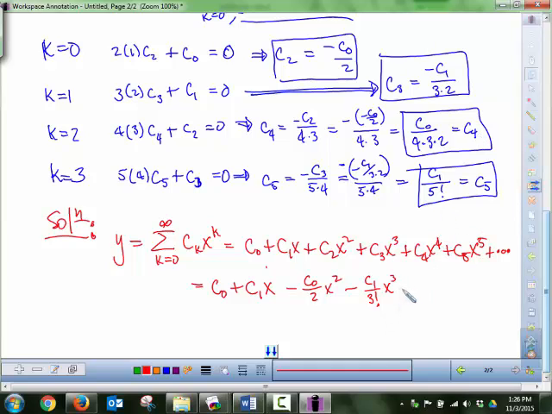C sub 4 is equal to c sub 0 divided by 4 factorial, x to the fourth. And c sub 5 is c sub 1 divided by 5 factorial times x to the fifth. These ones were not negative because when we solved for c sub 5, we got a negative c sub 3, but c sub 3 was negative, so that canceled out and became a positive.